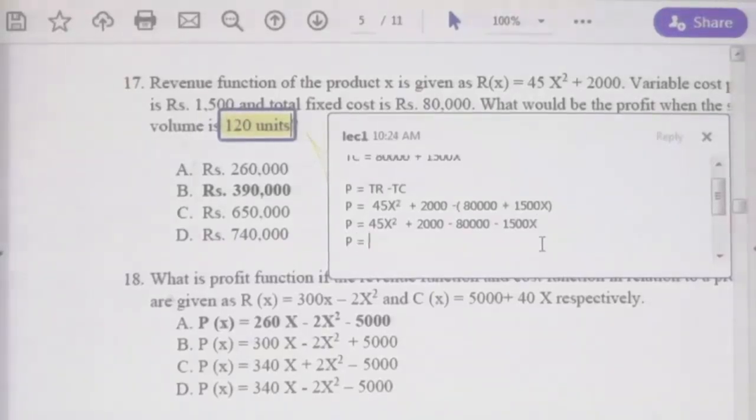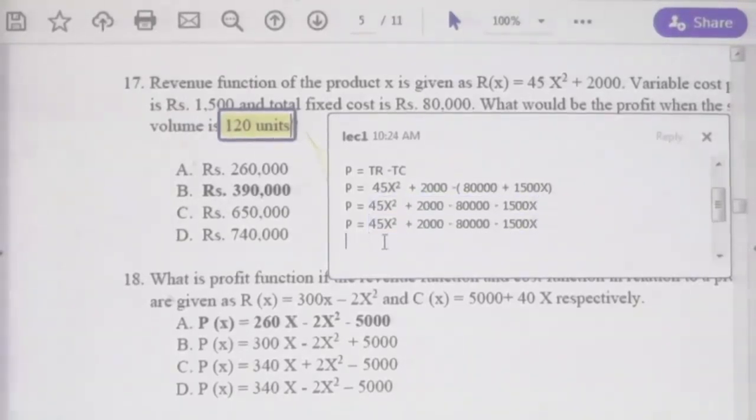P equals 45 x power 2 remains as it is, the 2000 and 80,000 will be solved, and it becomes minus 78,000, and this remains as it is. Therefore, this is the profit formula.